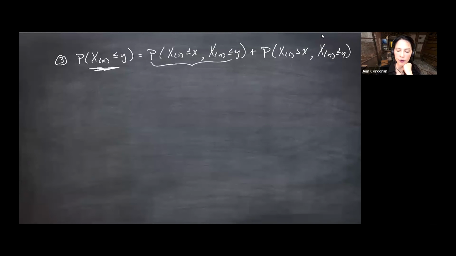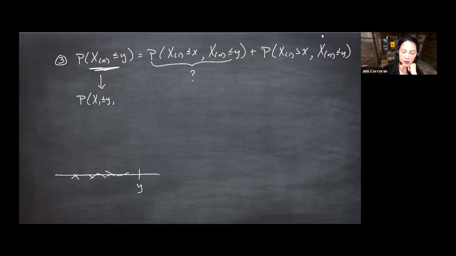And this is what we're trying to find. And this guy is saying that the max of all the values is less than some number y. So that's going to be the same as saying each and every one of them is less than or equal to the number y. And so this is going to be the probability that every one of them is less than or equal to y.